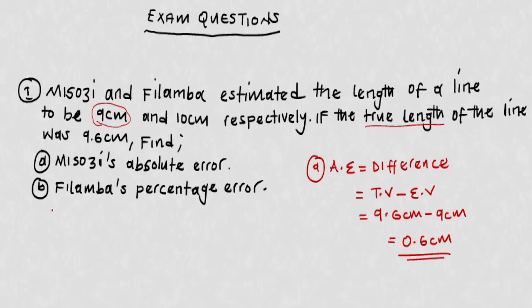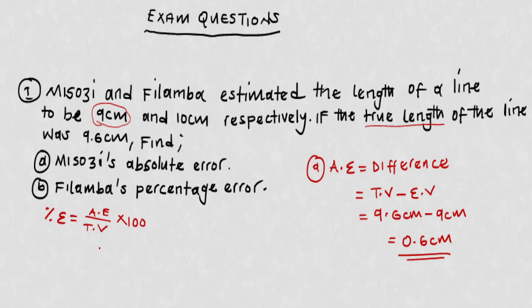Percentage error is given by the absolute error divided by the true measurement, or you can say the true value. Then we multiply by 100 since we're looking for the percentage.